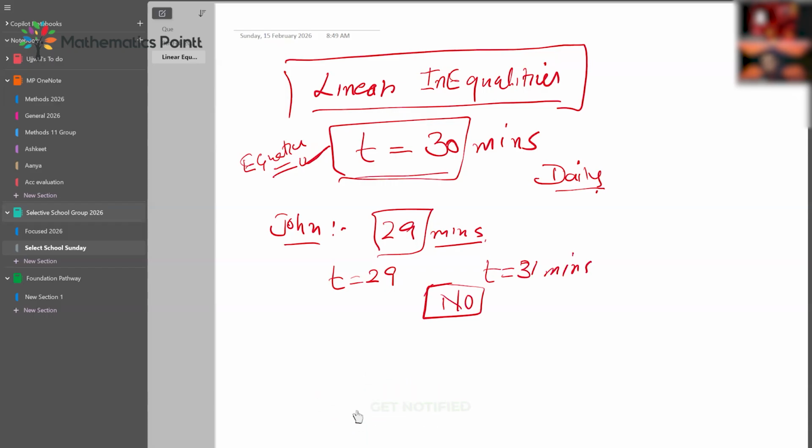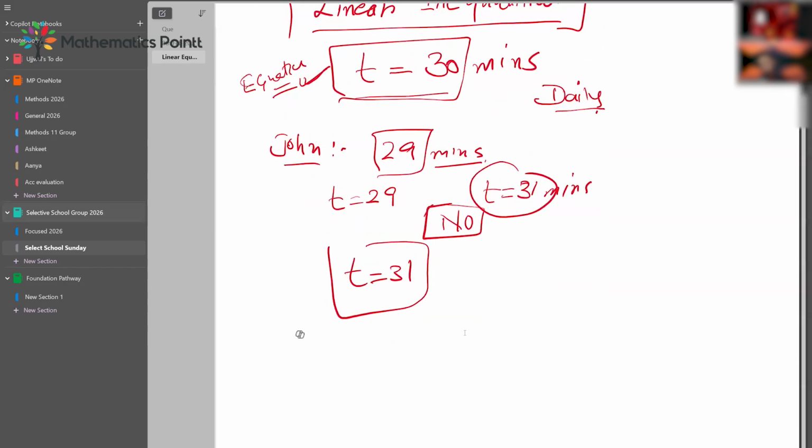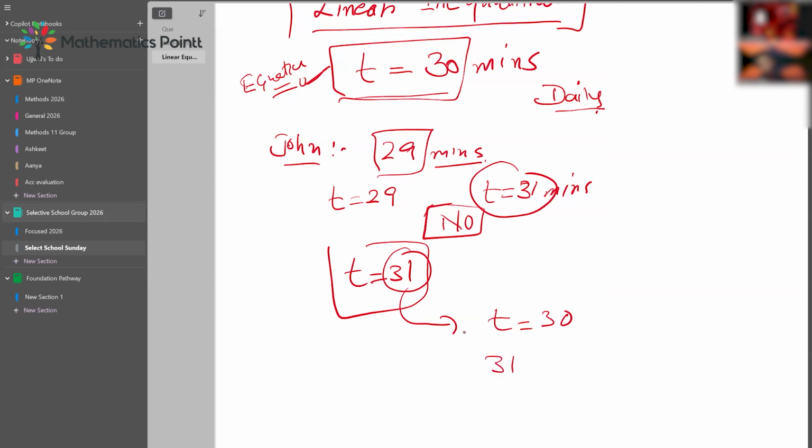T equals to 30. So when John had the value of t as 31, let's see what his teacher said. Teacher said t equals to 30, but John studied 31 minutes. Let's try to plug it in. 31 equals to 30. No, he did not obey. The teacher said exactly 30 minutes, equal to 30 minutes.